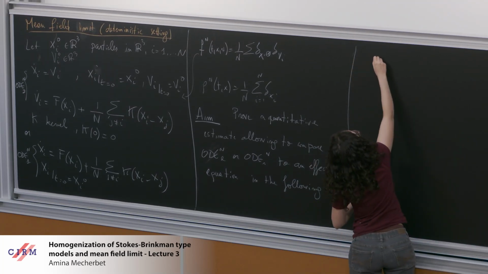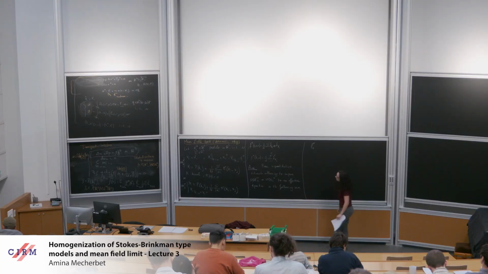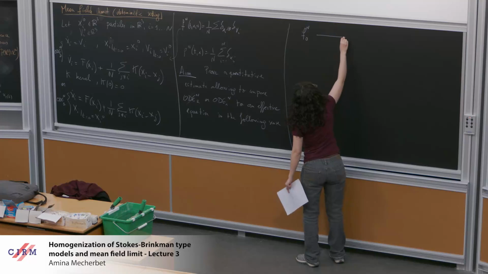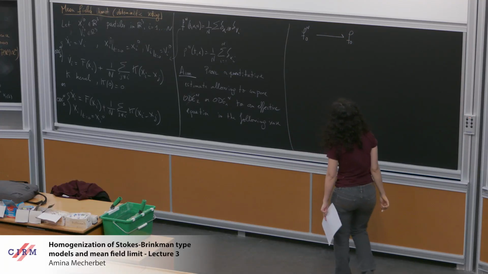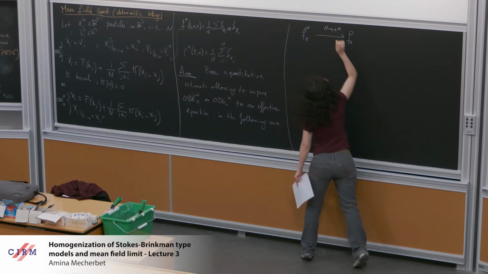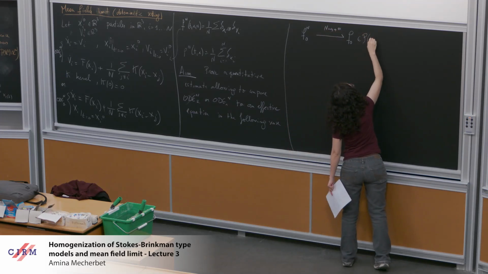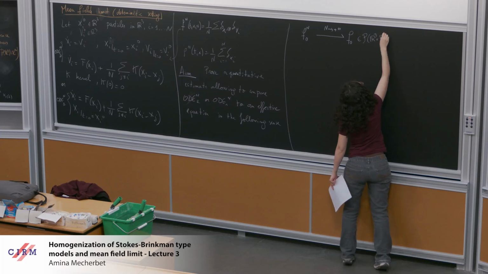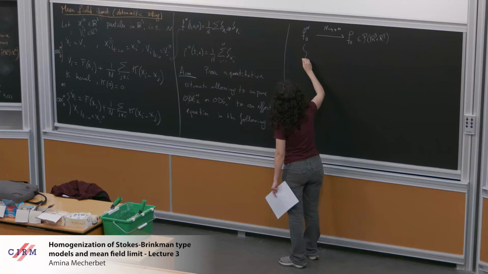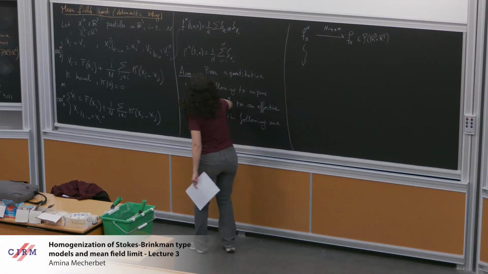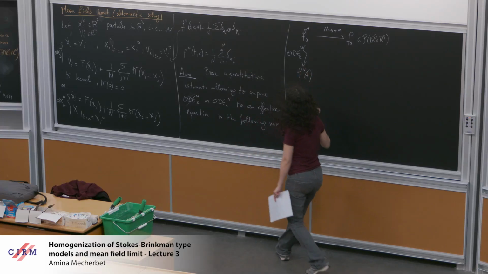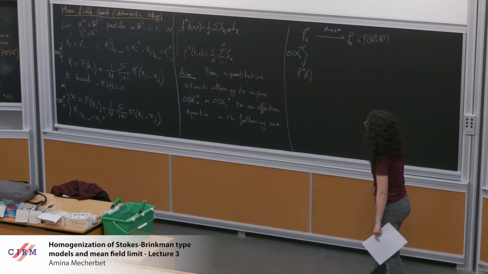So you have some initial positions and velocities. You assume, I mean, imagine that you can say that this is close to some probability density. So F0 would be here a probability density in R3. But you know that you can let this density evolve through time thanks to this ODE, so that you can define the empirical measure at each time given these positions.